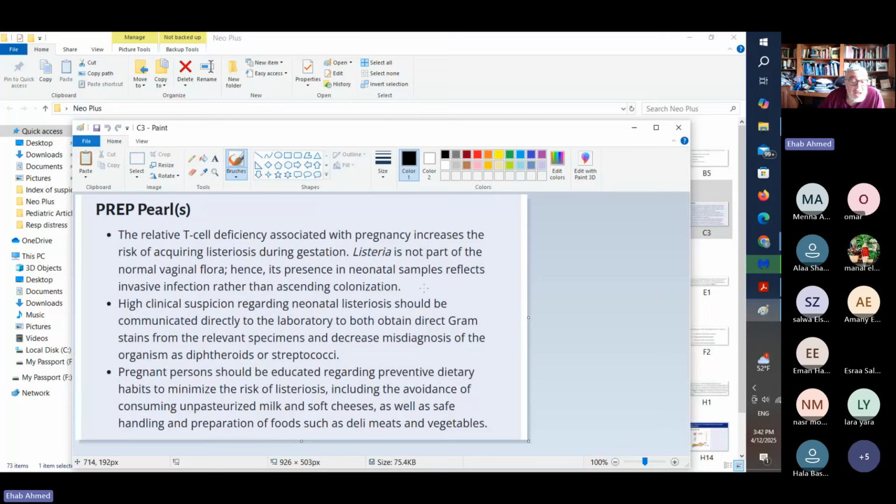Pregnant persons should, and you notice they said pregnant persons and did not say pregnant mothers. Do you know why? This is something that the only good deed that Trump did was related to this issue.